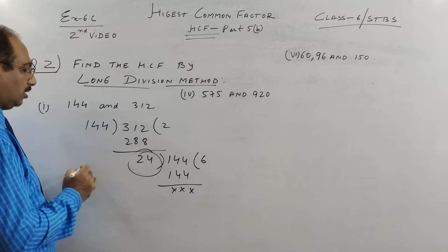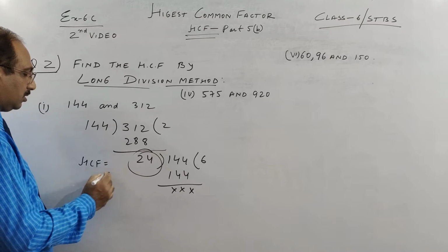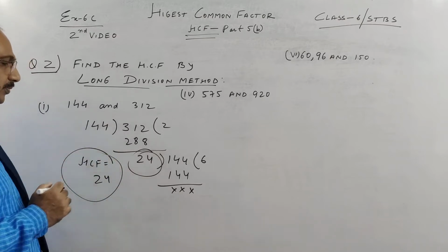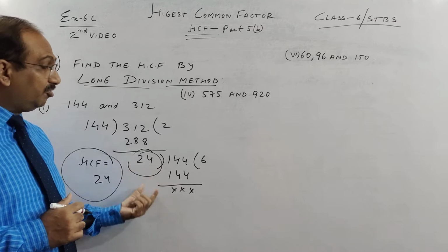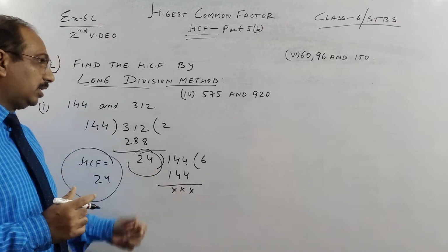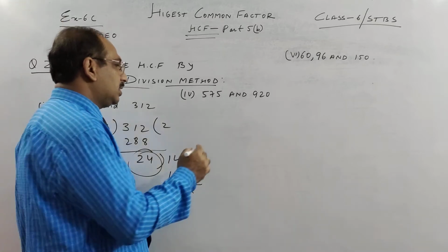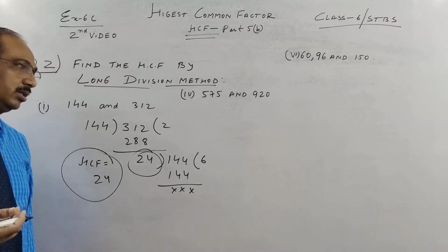So this is the HCF of the given 2 numbers. What we get here, the last divisor, which gives you 0 remainder, is the HCF. You can pause the video and copy, play back, or take a screenshot and go slowly.